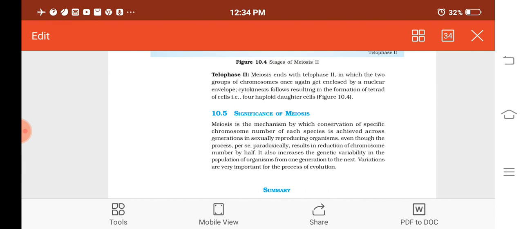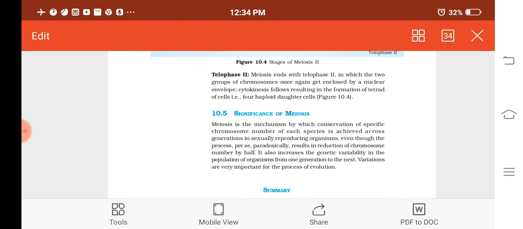So what is the significance of meiosis? Meiosis is very essential to maintain the chromosome number of the progeny and the parents the same. How?